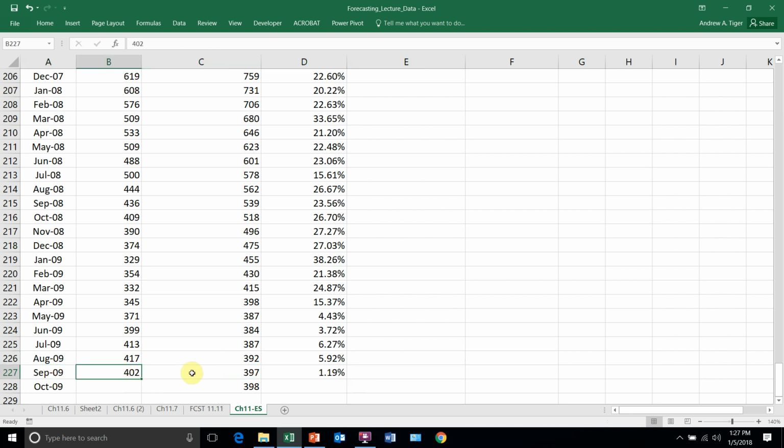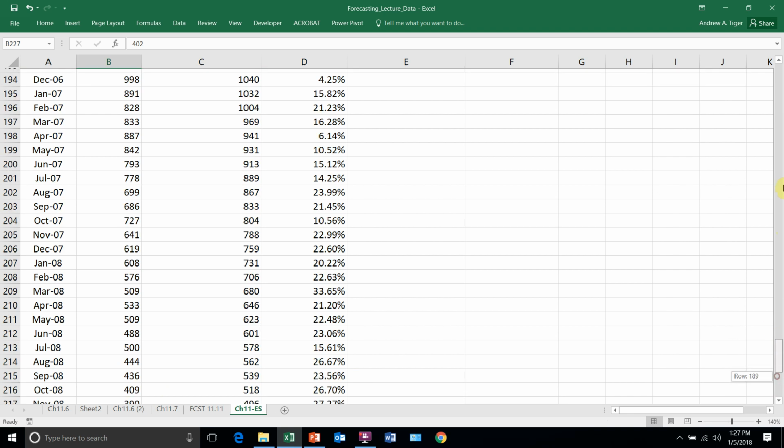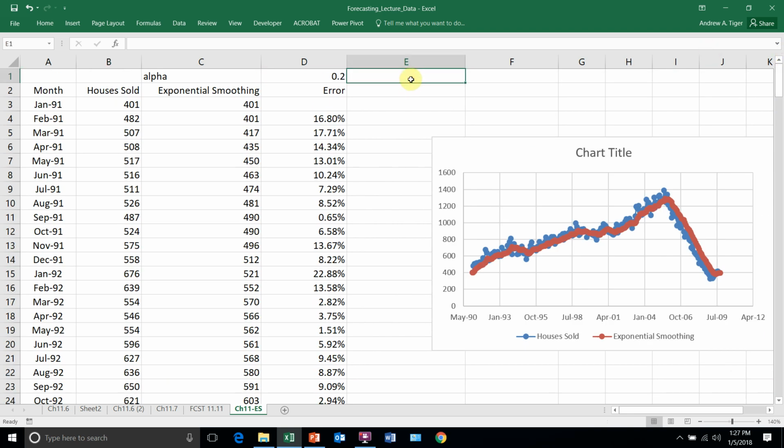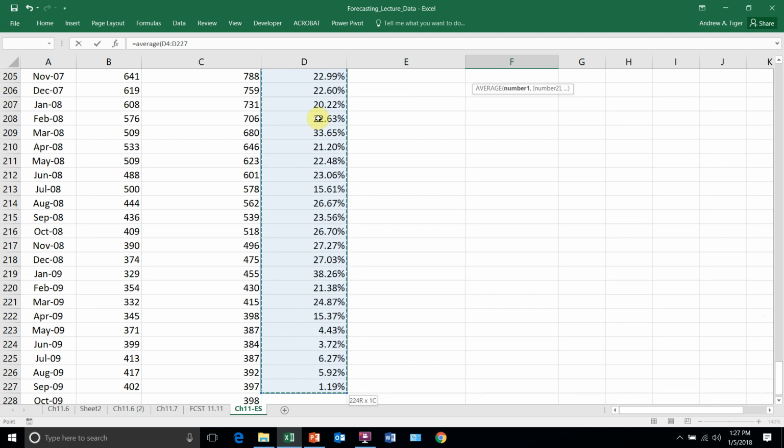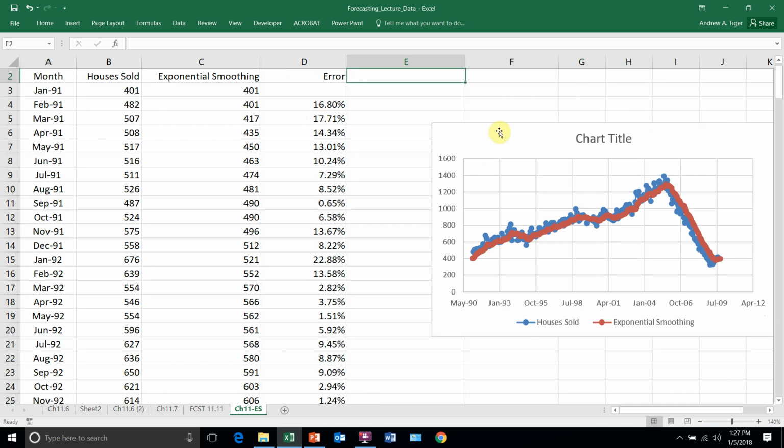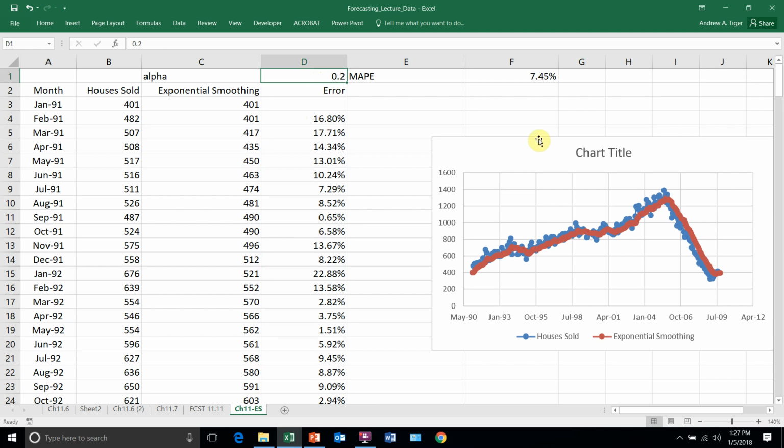So now that I've got all of these, I'm going to take the average of those, and I'm going to put that up here. And that's all this is, a mean or average absolute percent error. If I take the average of all those, it says that with alpha equal to 0.2, my MAPE, or mean absolute percent error, is 7.45%.